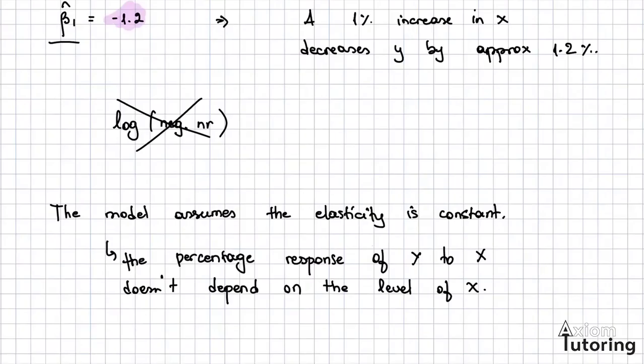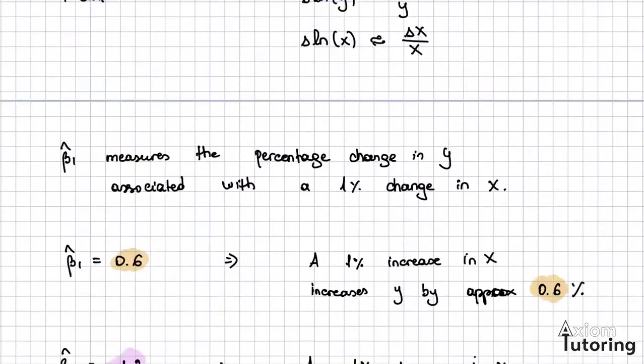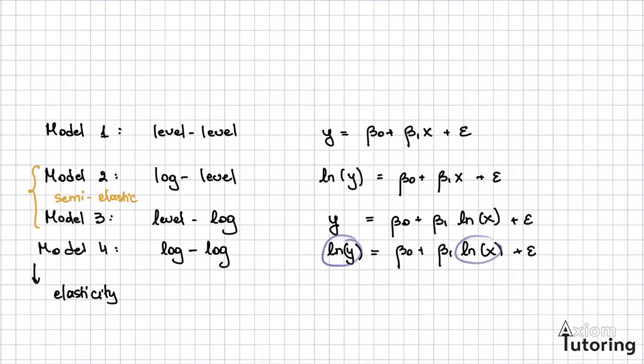So how does it contrast with previous models that we have seen? Well, in model 1, we have a level model, and one of the things we liked about it was that we had a constant unit effect. So it didn't matter if you changed from unit 8 to 9 or unit 100 to 101, that effect would have been the same.